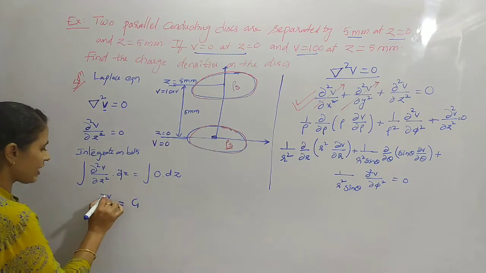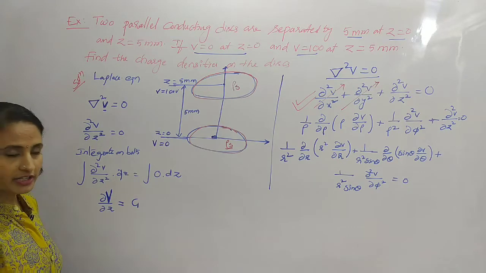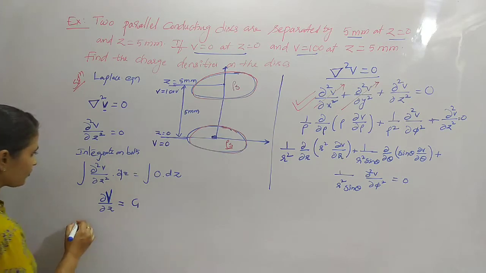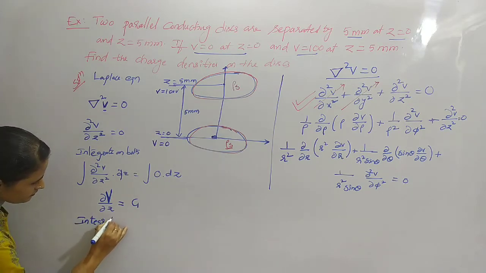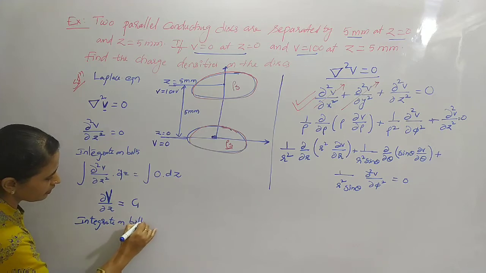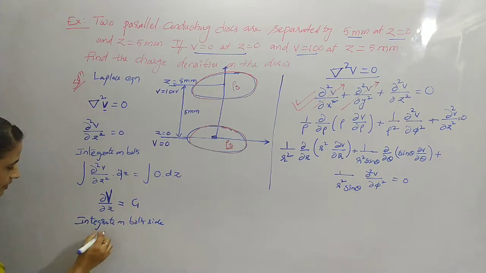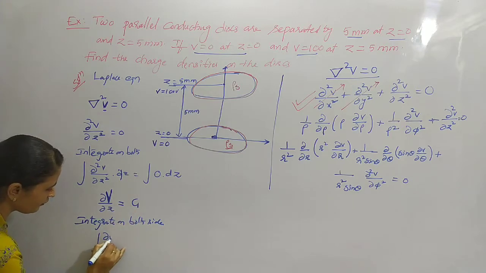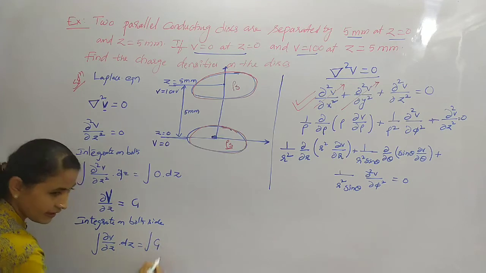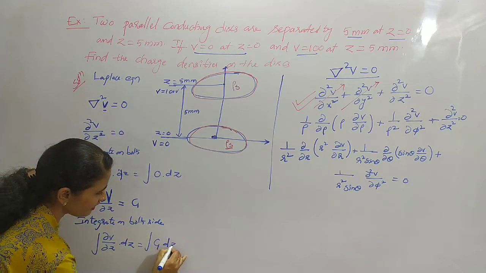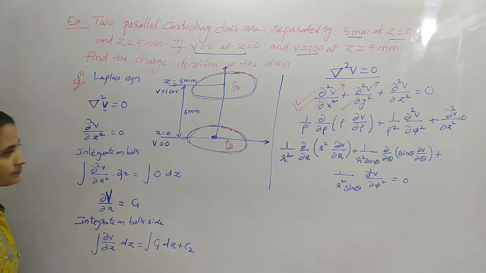Our job is to take out this V value, so we integrate on both sides again. The integration of dou V by dou Z into dz is the integration of C1 dz plus C2.